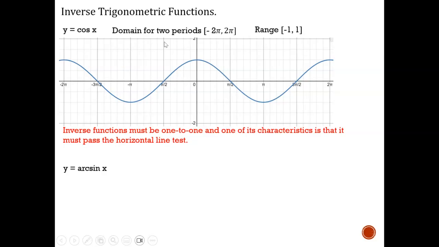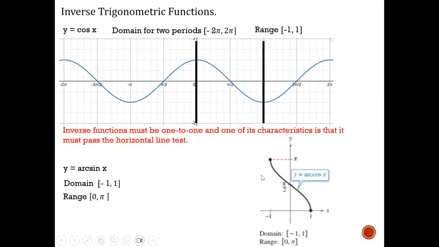You see, guys, if we go from negative pi over 2 to pi over 2, it's going to cross twice, so we cannot do that. But if we go from 0 to pi, now it has an inverse. So again, the range of the cosine function becomes your domain, and for the range, we adjusted it from 0 to pi. Okay, and there's my graph.